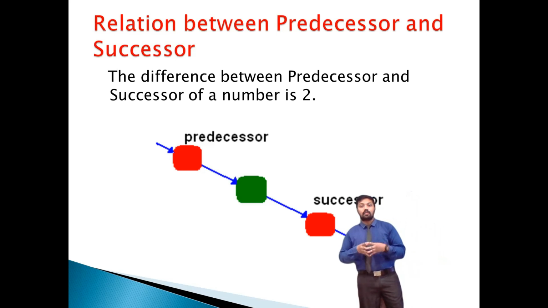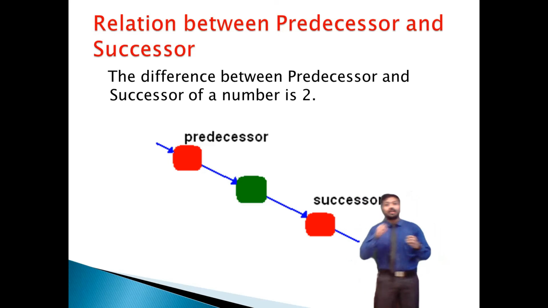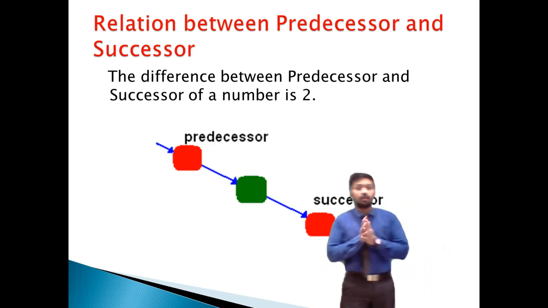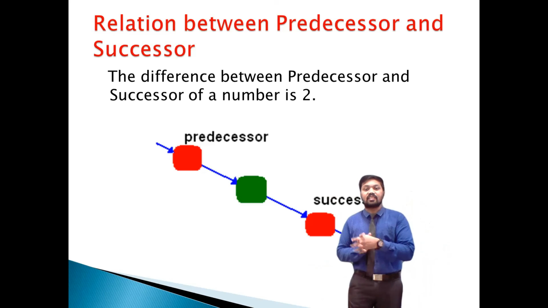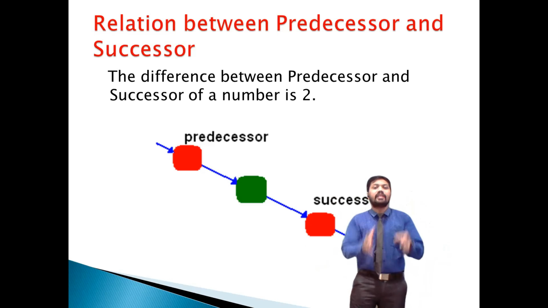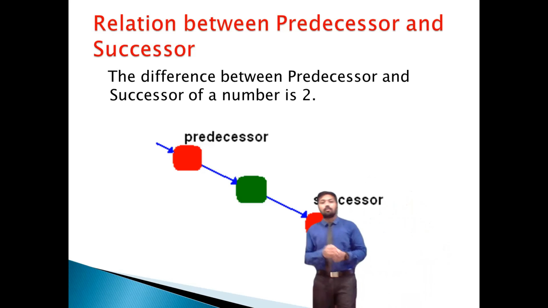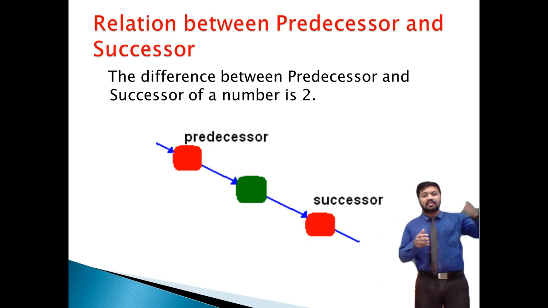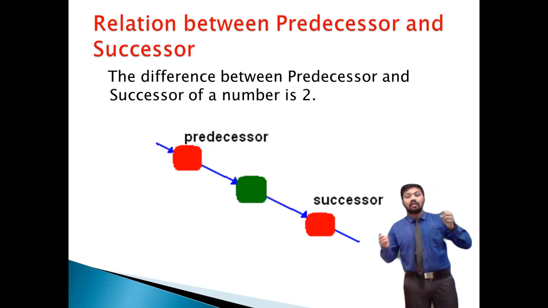The difference between the predecessor and successor of any number, whatever number you take, will be 2. Why? You can see the position where the number is and what its successor and predecessor are. The number is represented in red color over there.